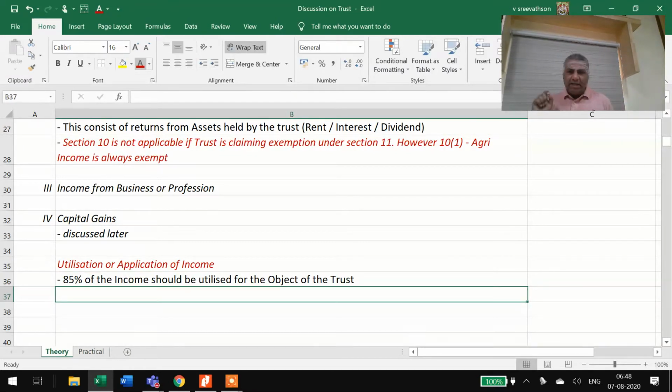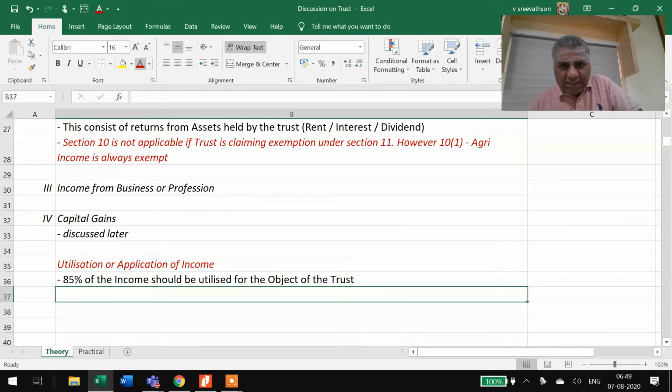To claim exemption, I should have at least applied 85% of my income, my dear friends.